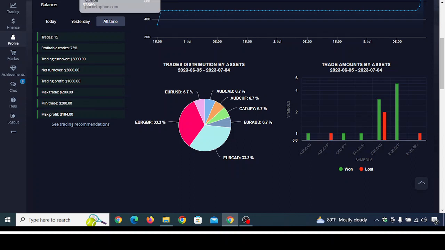Now let's say I made 10 trades today, 7 were profitable and 3 were losses, and I was trading with the same amount. That means you will make profit if I make profit, and you will make loss if I make loss.